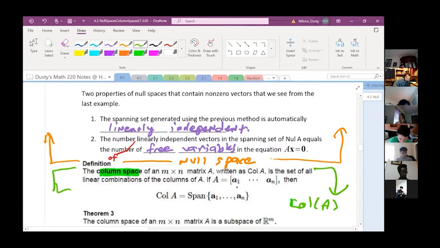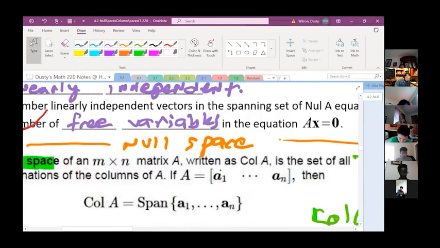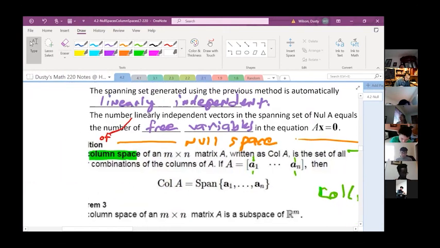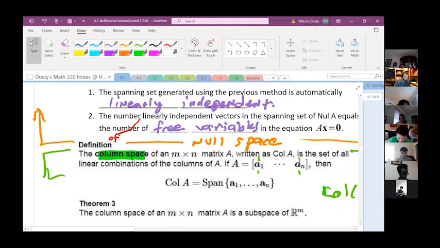So here, these A's are representing columns. If you have those A's representing columns, then the column space of A is just the span of all of those columns.